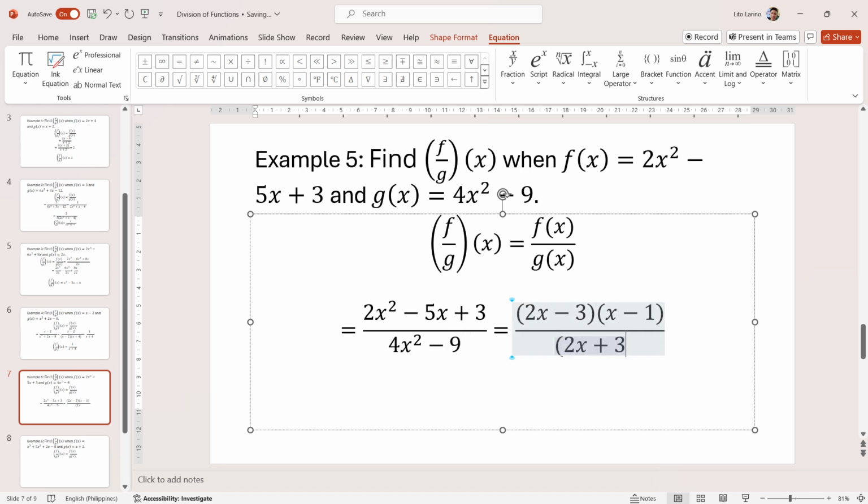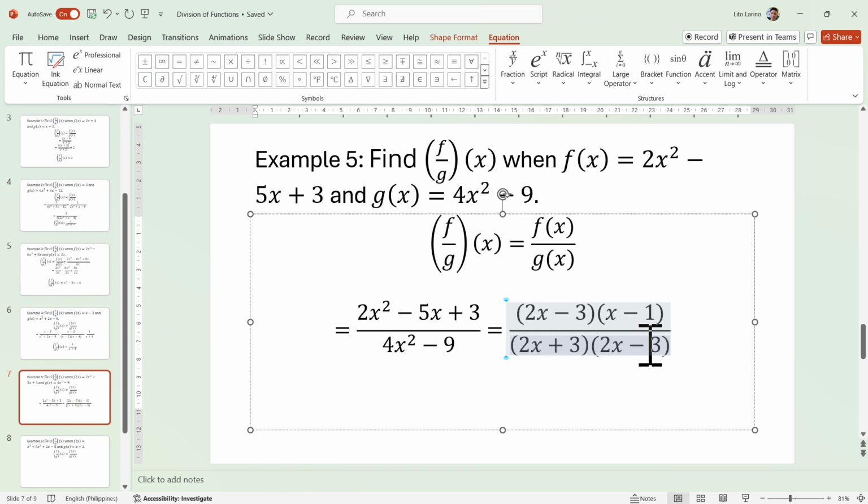So 4x squared minus 9 can be factored as the sum and difference of two terms: the sum of 2x and 3 and the difference of 2x and 3. So we have 2x plus 3 and 2x minus 3.